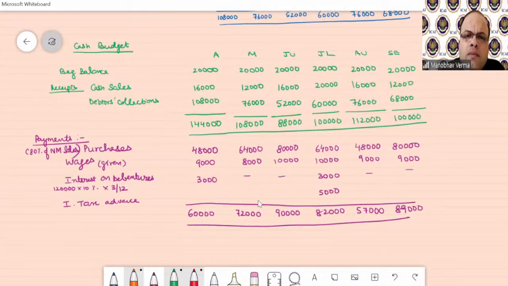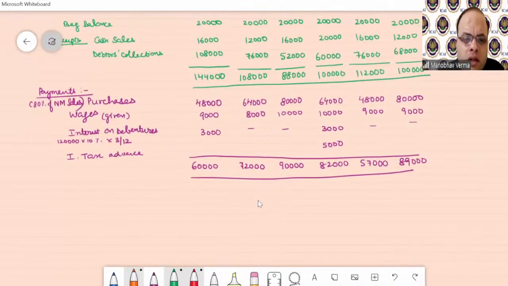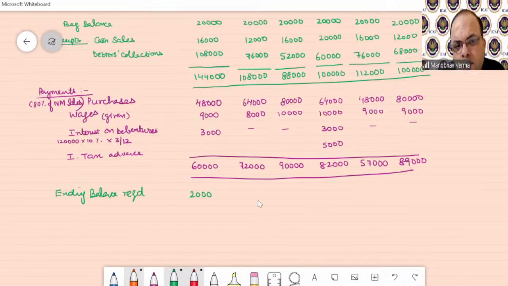Now, guys, what is the ending balance we needed? Can anyone tell me? Sorry, a very basic question I'm asking again. I guess we can say that the ending balance required is 20,000 here, in all the months.